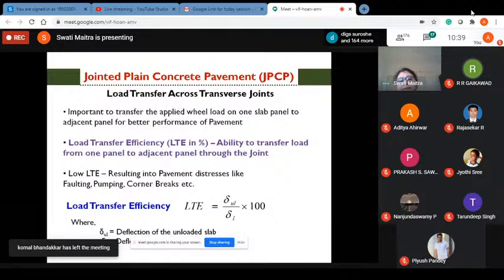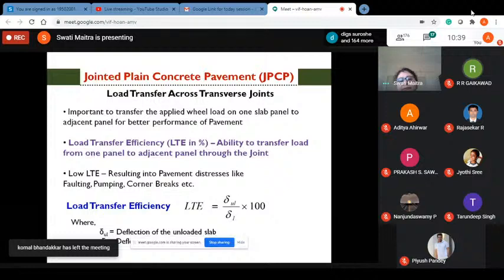So this is just a diagram of a finite element model of a concrete pavement, and nowadays all these analyses are done using finite element modeling, and the design is also based on finite element analysis work. In this modeling, the concrete slab is assumed to be a linear elastic isotropic material, modeled with solid brick elements.